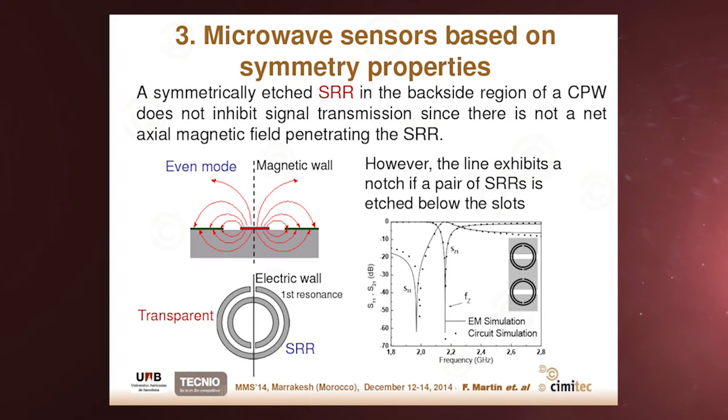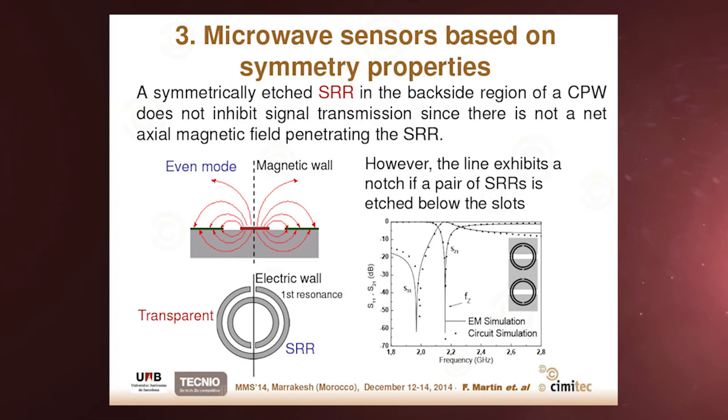Now, let's consider that we have a single split-ring resonator etched in the backside of the CPW, in symmetric configuration as shown here.